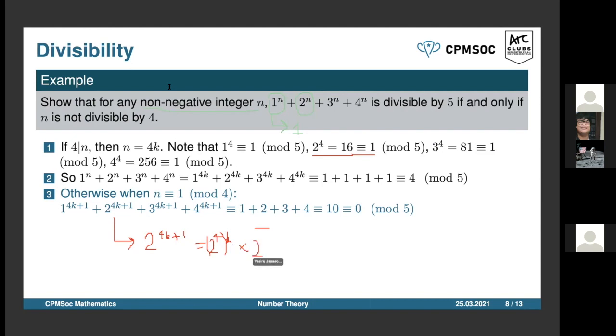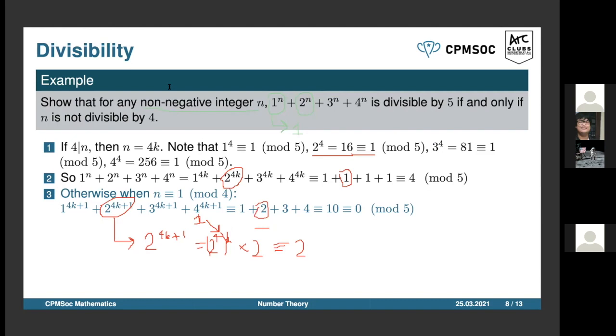Remember from earlier that 2 to the 4k is the same as 1 in modulo 5. So we can replace this with a 1, and now we'll just be left with a 2 modulo 5. This is why 2 to the 4k plus 1 you can just replace with a 2 in modulo 5.